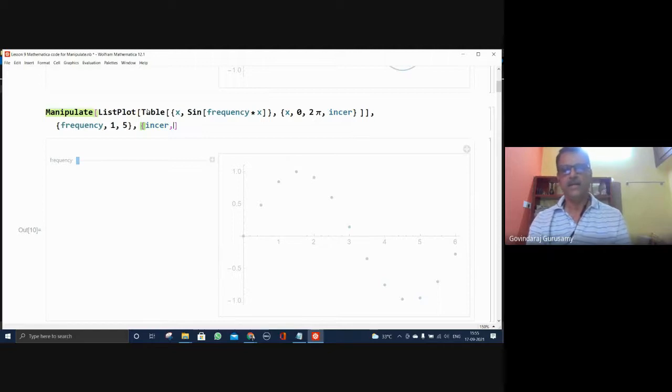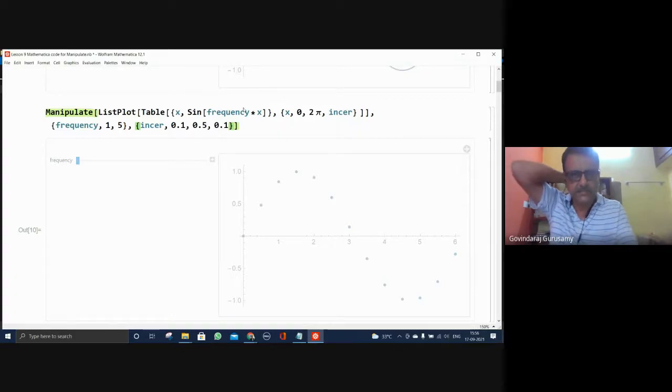Increment, starting from 0.5 up to 0.1 in steps of minus 0.1. I'm decreasing by the factor because I'm starting from 0.5. You can make it the other way also; then you give 0.1 and this must be 0.5 and remove the minus. It starts from 0.1 and goes down to the number I have given. Then close it.